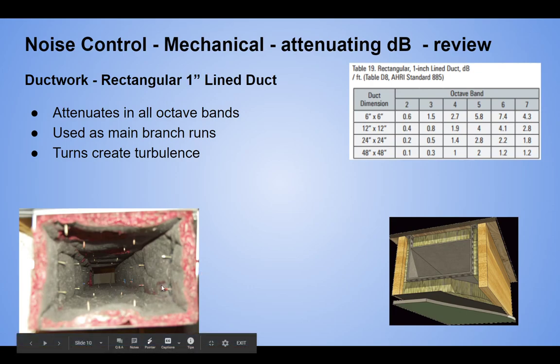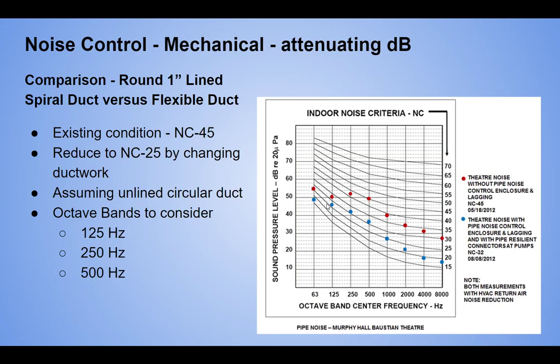So you've got a lot more rough surface that causes turbulence in there, which in turn increases static pressure. You increase static pressure, your fan needs to be bigger. However, we get a lot of attenuation, almost twice, 3 or 4 times for a 6x6 duct. Relatively the same size, going to have the same speeds, but you've got a lot more at the high end. So it's one thing to keep in your toolbox.